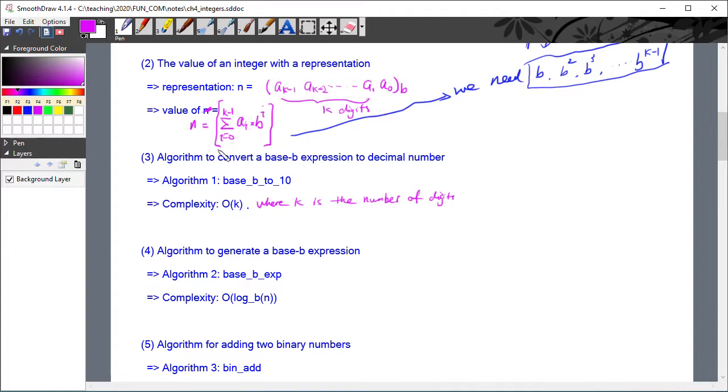Based on this summation, this value of this number and the representation, we can also derive the base b expression for any given integer. At this point, let's assume that this integer is represented in the decimal system.